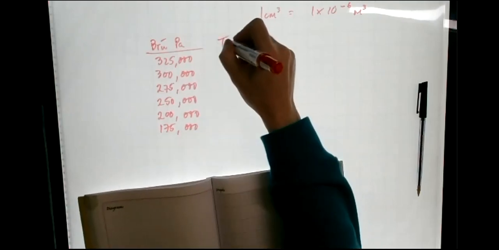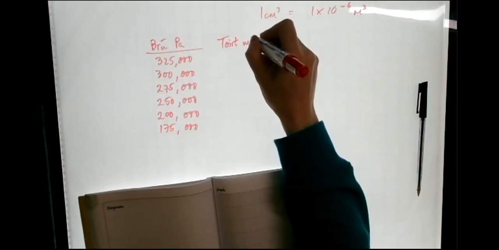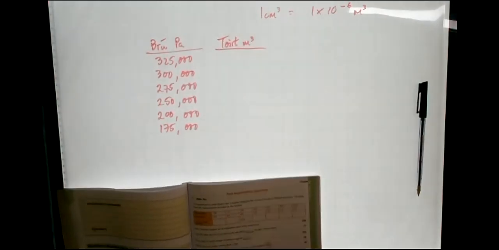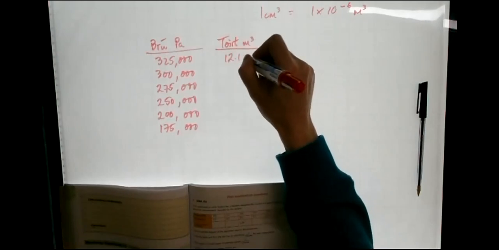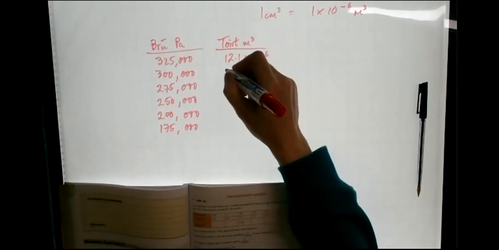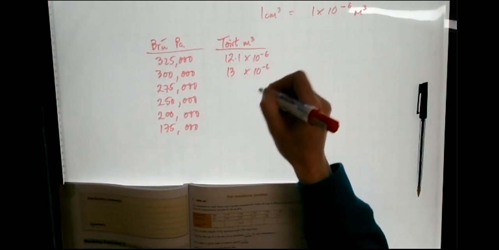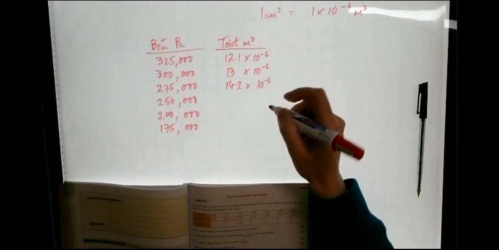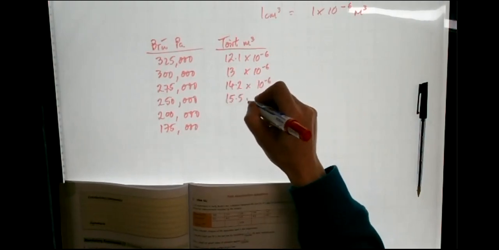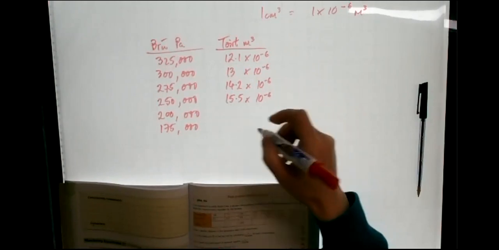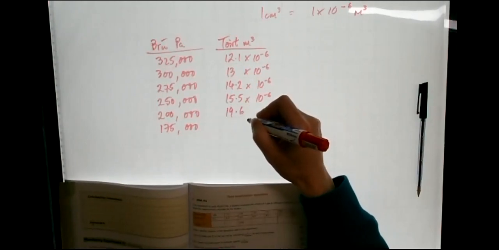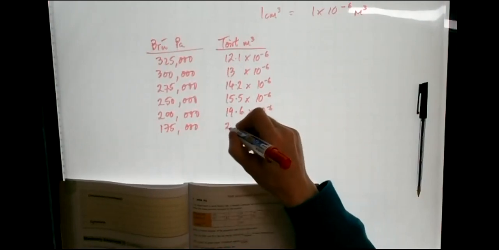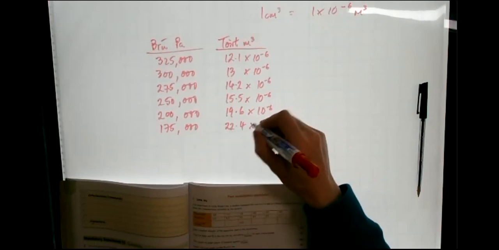Then the volume in meters cubed. Because you can turn that to 22.4 by 10 to the power minus 6.